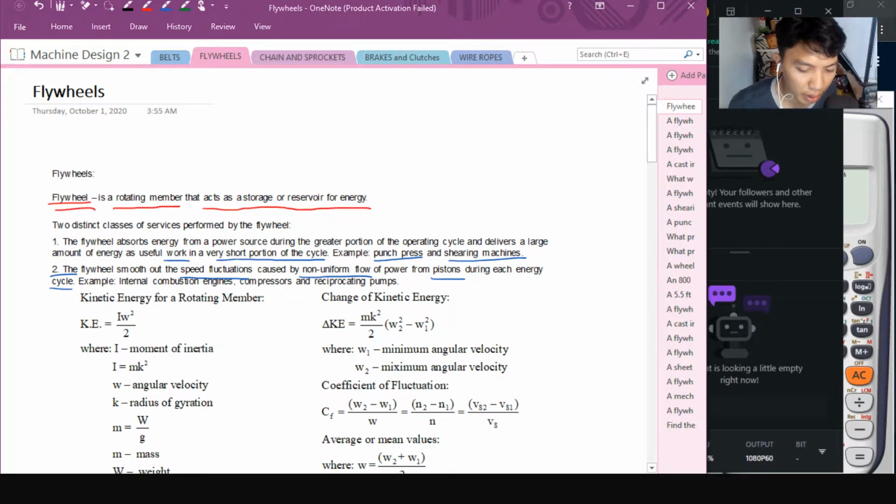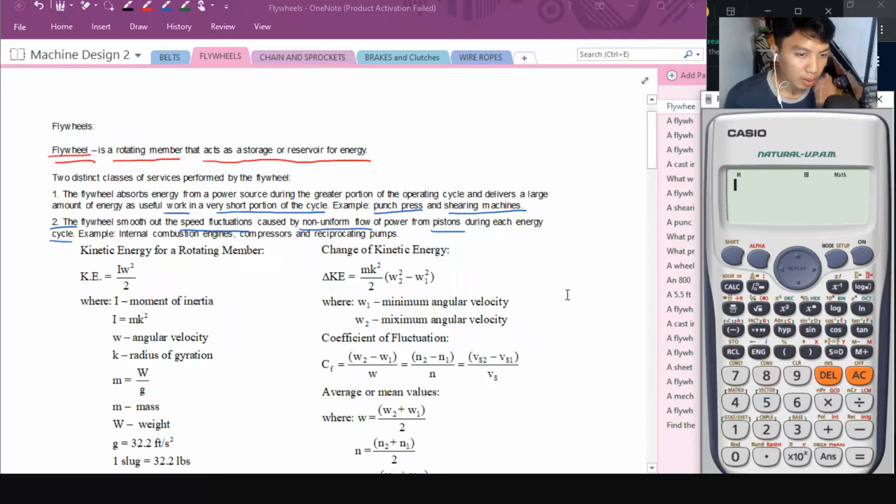Okay, so again, yung harmful vibrations from the speed fluctuations nga nung inyong pistons, like the reciprocating parts ng inyong engine, it creates harmful vibrations that will hamper yung performance ng engine na yon.